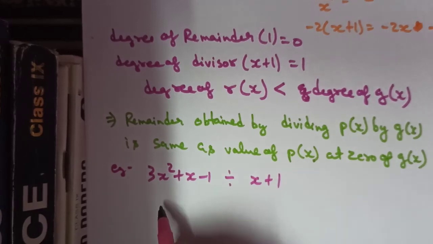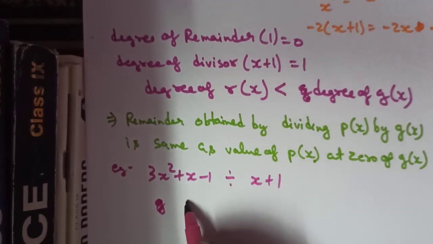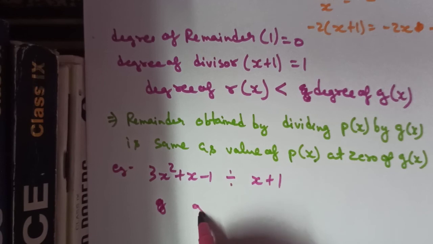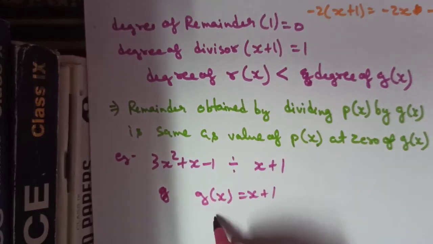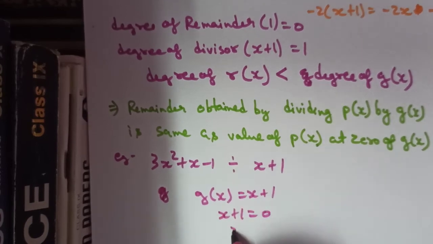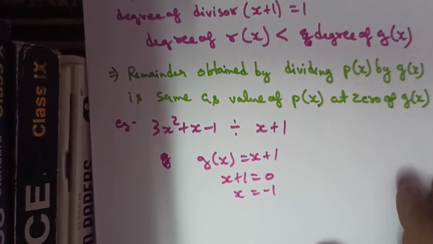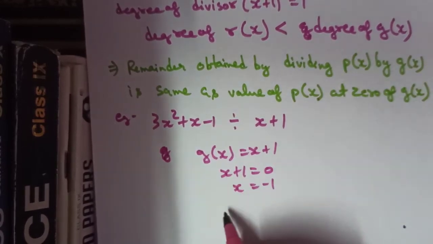Let us find the value of p(x) at the zero of g(x). For that we first calculate the zero of g(x). Since g(x) is x plus 1, the zero of g(x) is found from x plus 1 equals 0, so x equals minus 1.